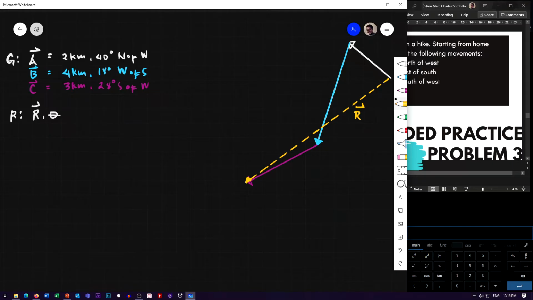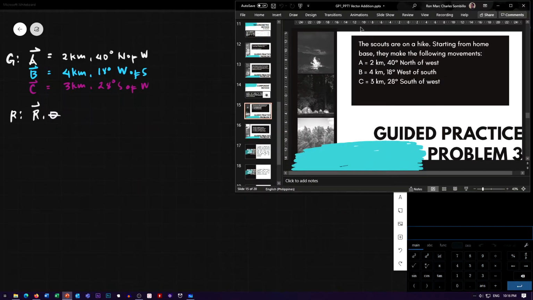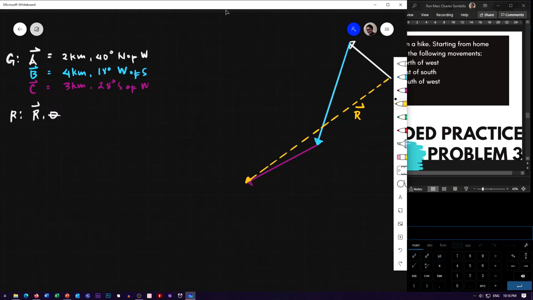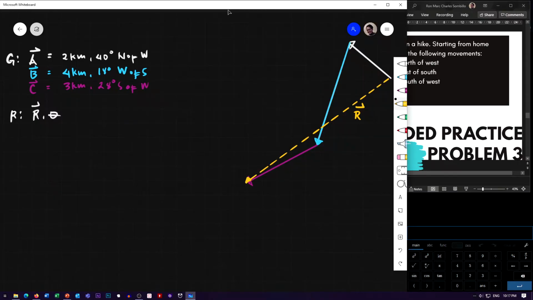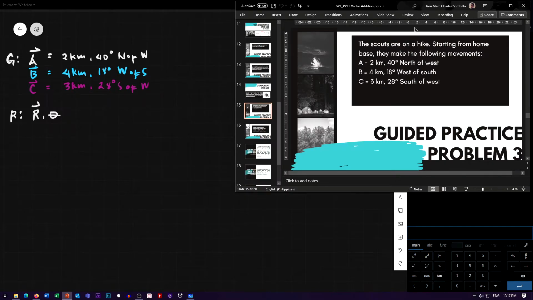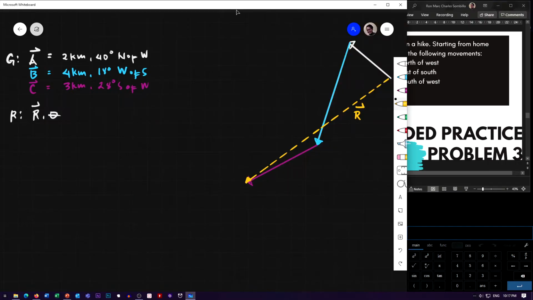The first given is 2 kilometers 40 degrees north of west. This is the line. For the second one, vector B, we have 4 kilometers 18 degrees west of south. It is this one, the blue line. And for the third one, vector C, 3 kilometers 28 degrees south of west. So this violet line.